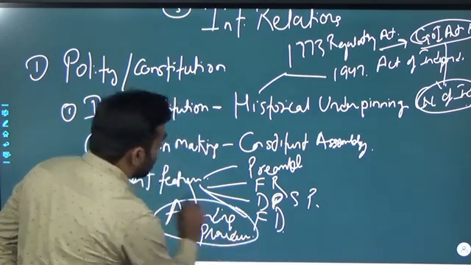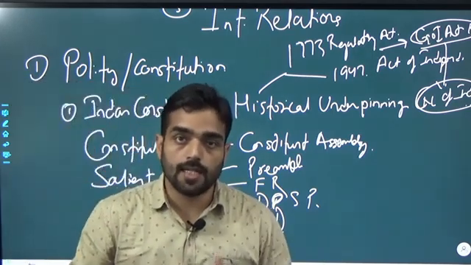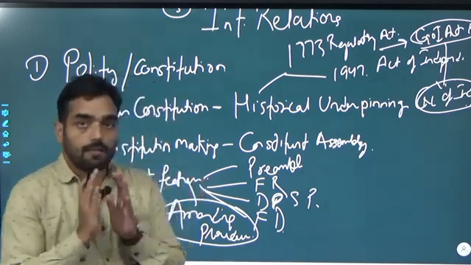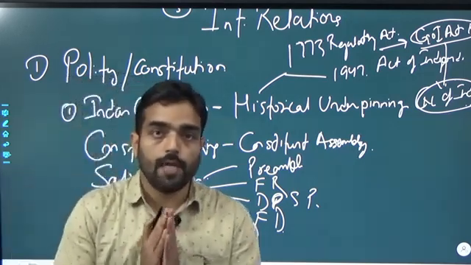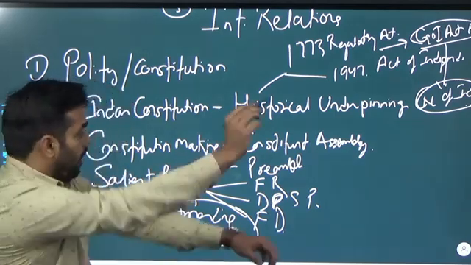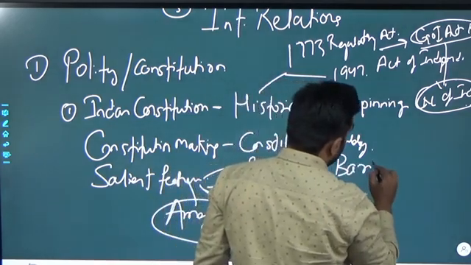In amending procedures you will see how our constitution is flexible as well as rigid. So our constitution adopts a golden mean between a rigid and a flexible constitution. Then you will see the basic structure doctrine.